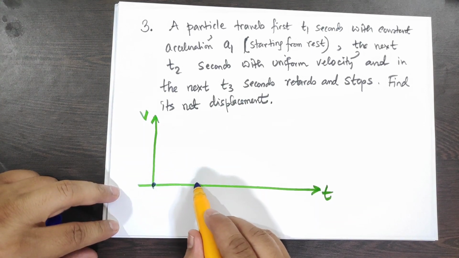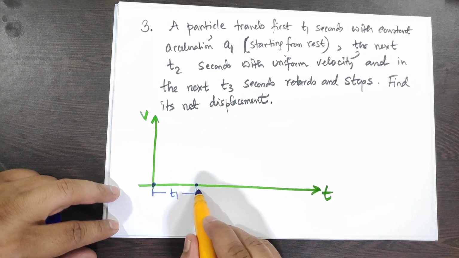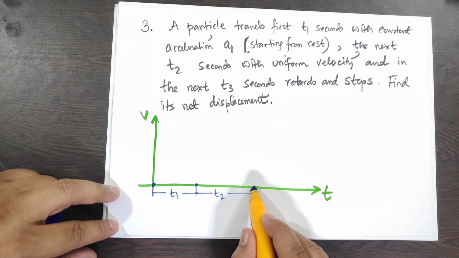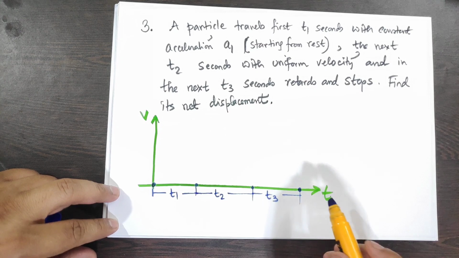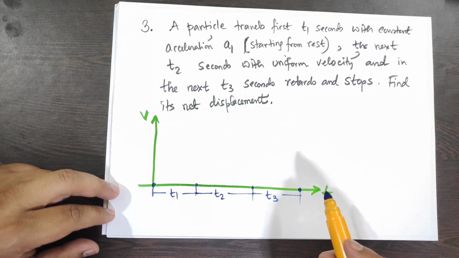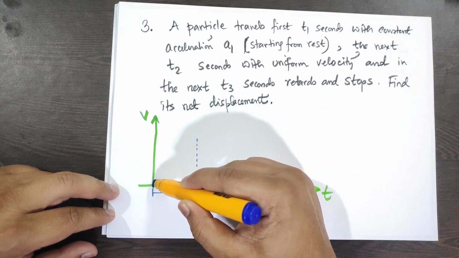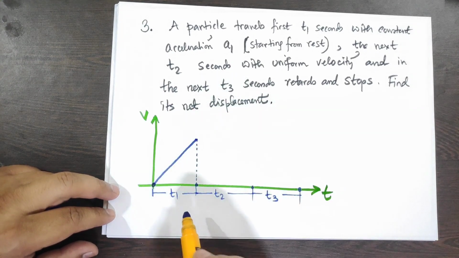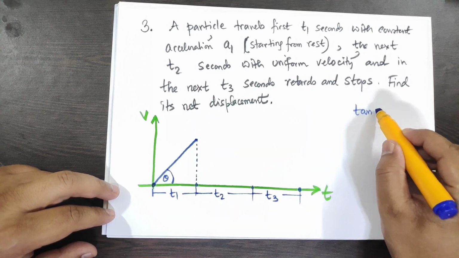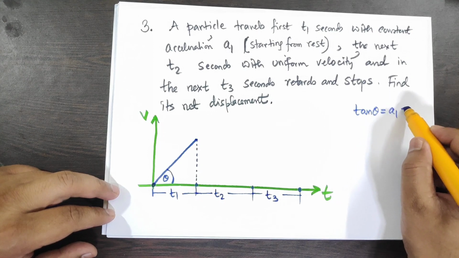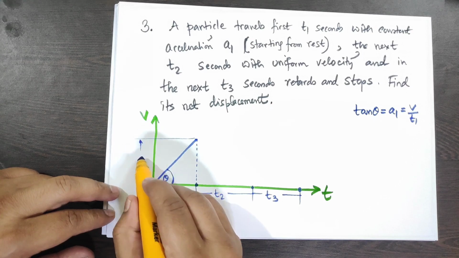Just divide the times: t1, and next time t2, and next time t3. Constant acceleration, so it will go up to this velocity. Constant acceleration means tan theta is a1, so that is v by t1, if this velocity is v here.